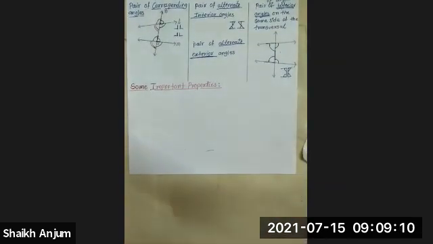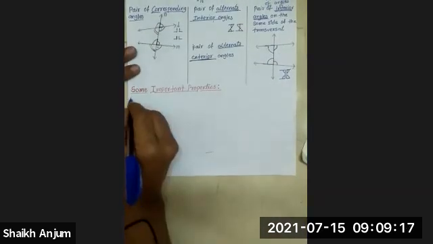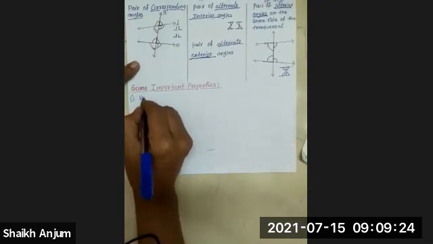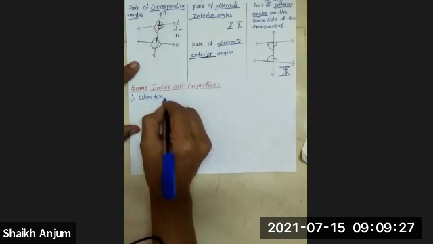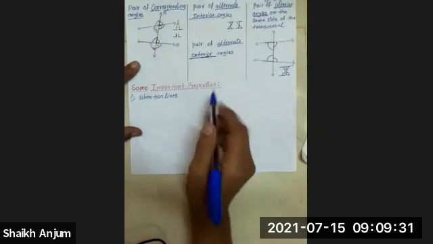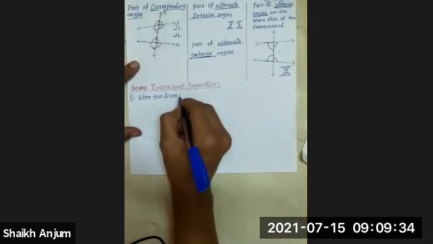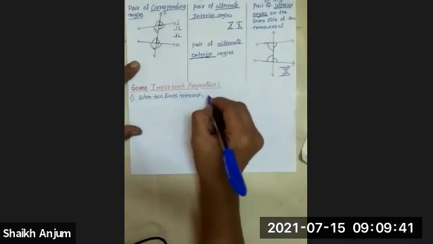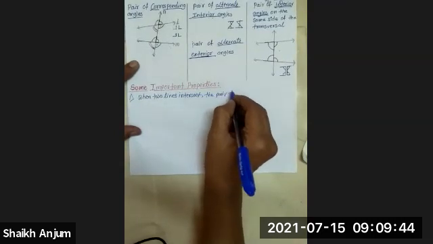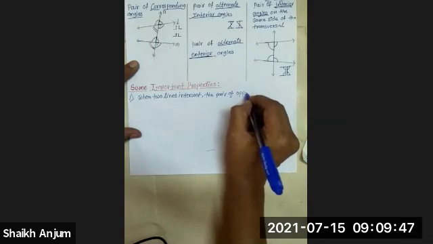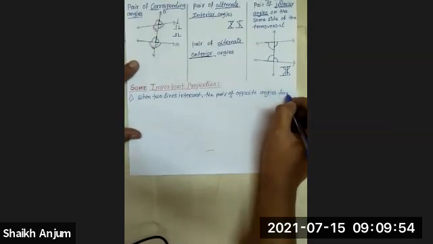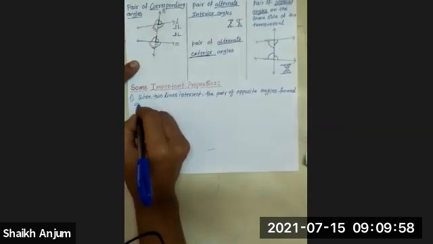So the first property, I will write here: when two lines intersect, the pair of opposite angles formed are congruent.